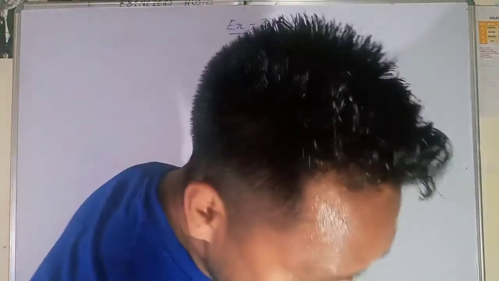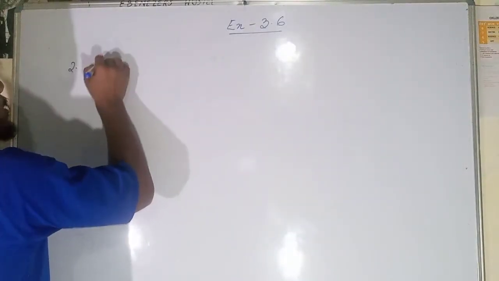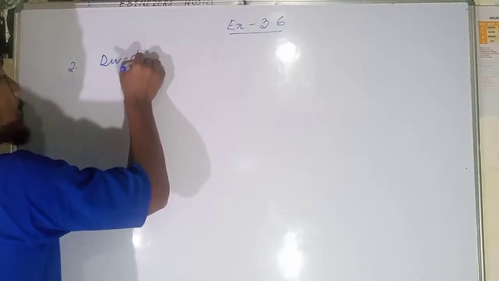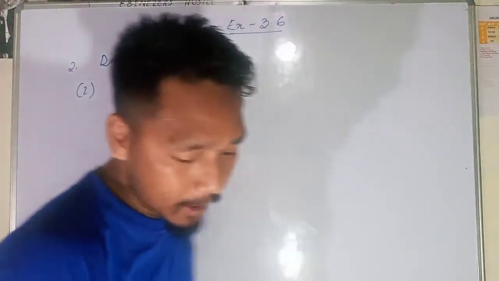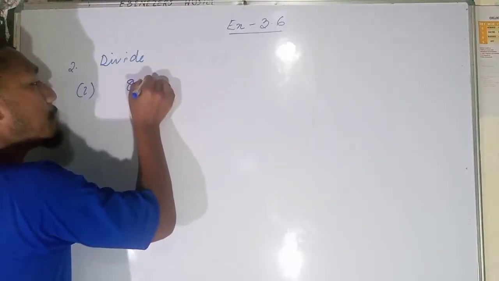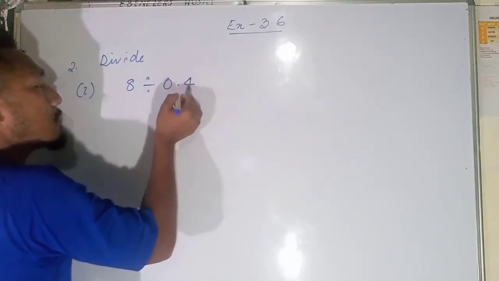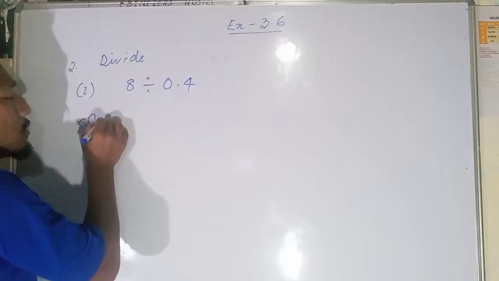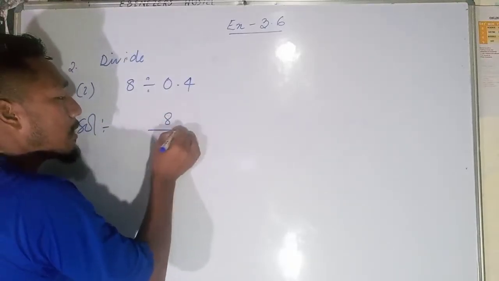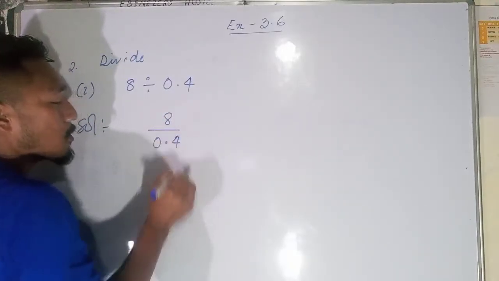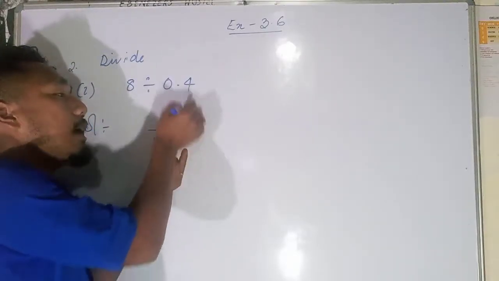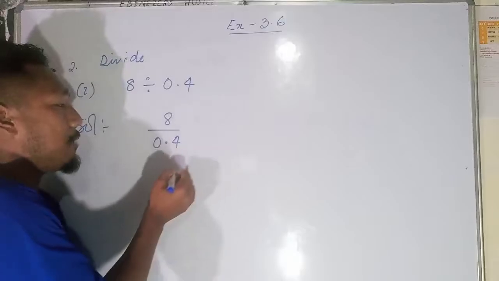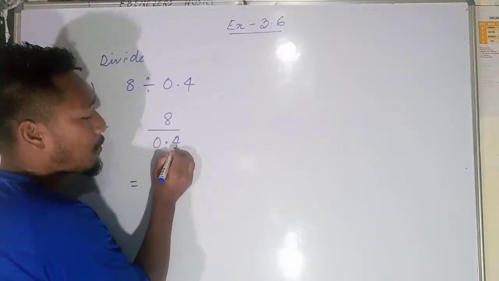Next, let's go to question number 2. Divide. Number 1. Divide 8 divided by 0.04. Now a decimal is dividing a whole number. Solutions. So what shall I do is that 8 divided by 0.4. If I want to remove this 0.4, then I will multiply by 10 upside and down, since after point we have only one number.